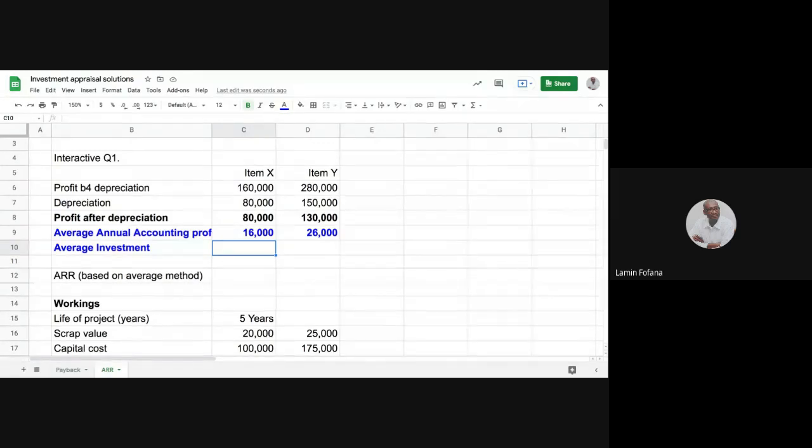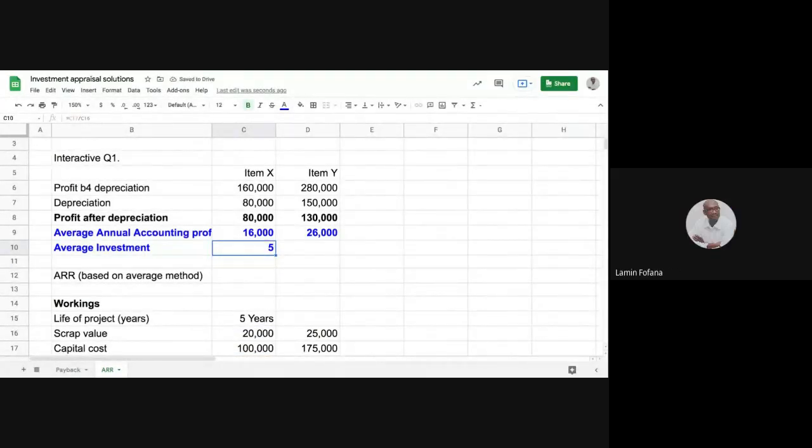Yes, we are dividing the cost of capital by the scrap value, right? Equals C17, which is the cost of the capital, divided by the scrap value, C16. Enter.